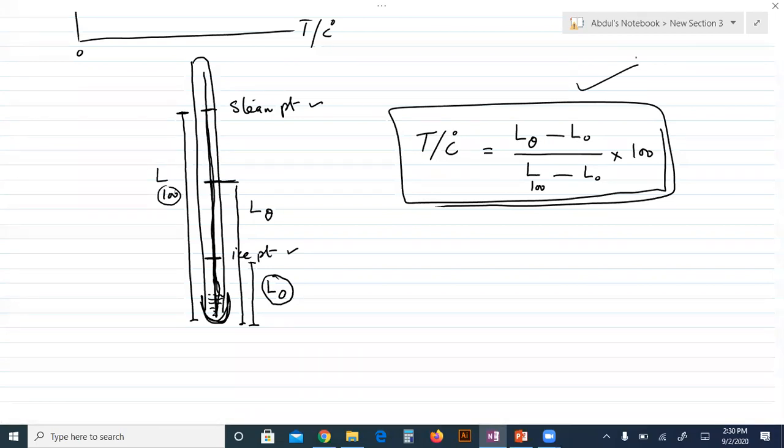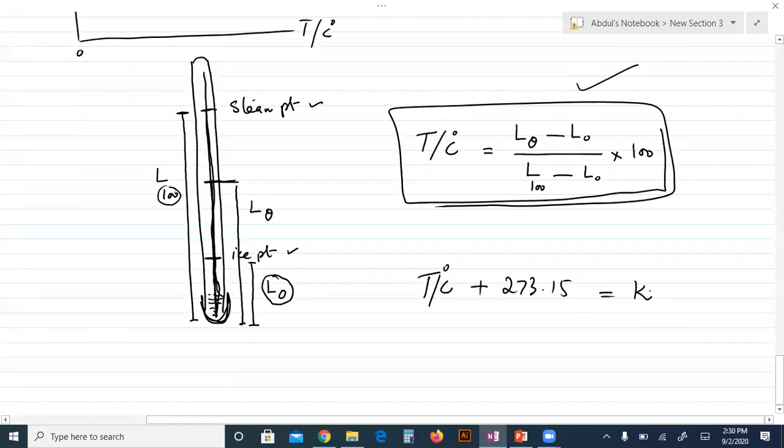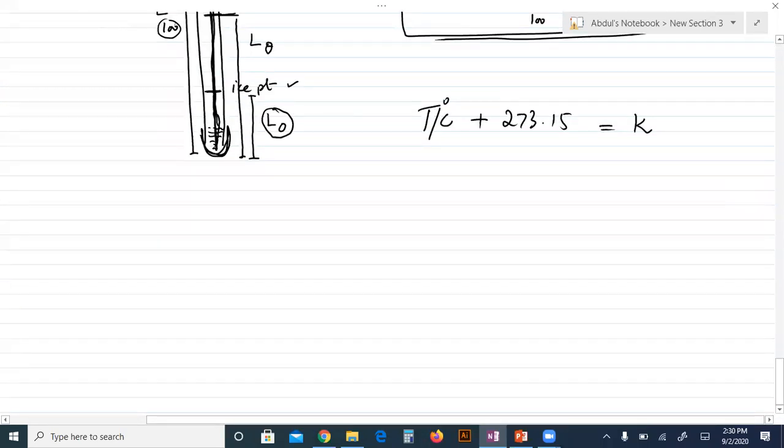Now, next, temperature in Kelvin. Either it is temperature in degrees Celsius plus 273.15 equals Kelvin. So when 273.15 is added to the degrees Celsius, it is converted into the thermodynamic temperature scale, Kelvin, or we can use the empirical formula for the thermodynamic scale.